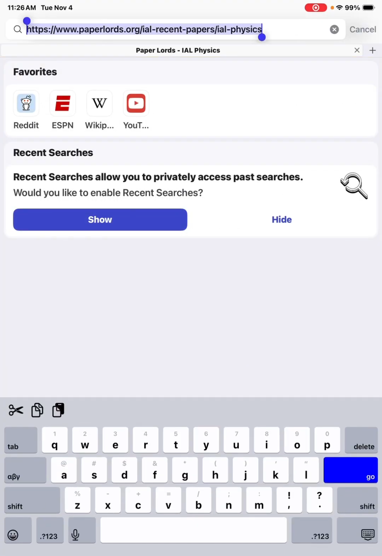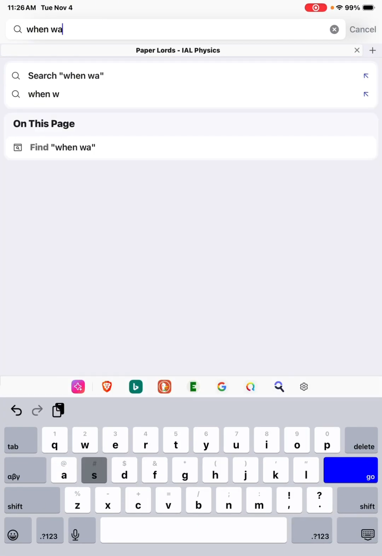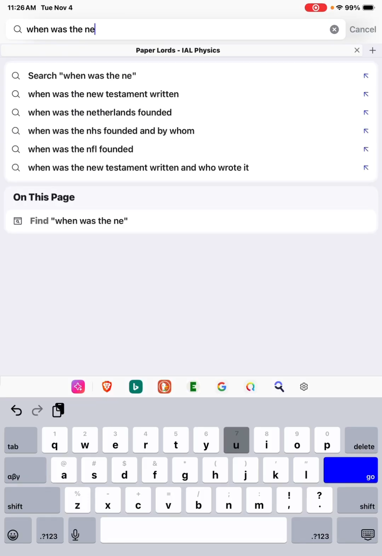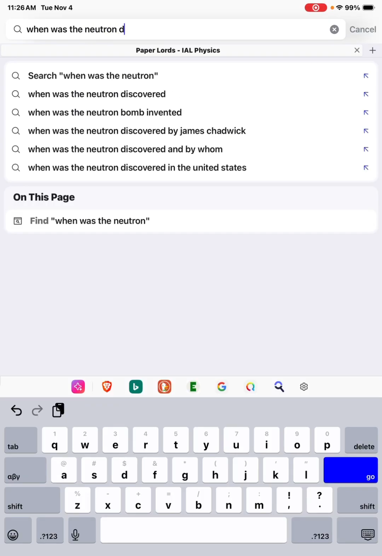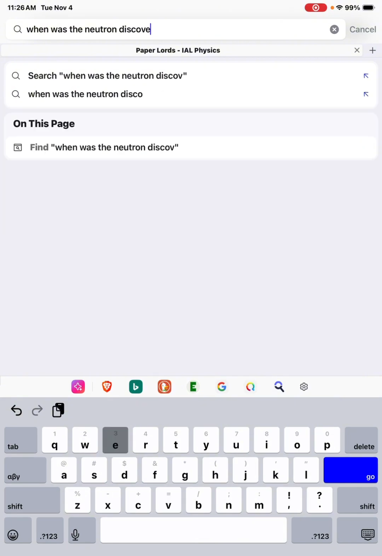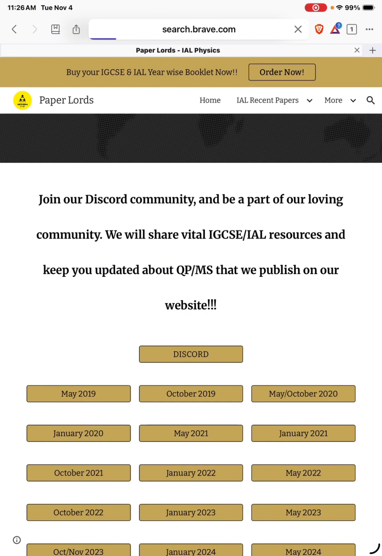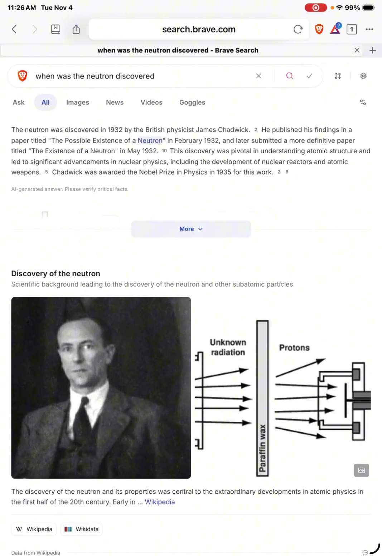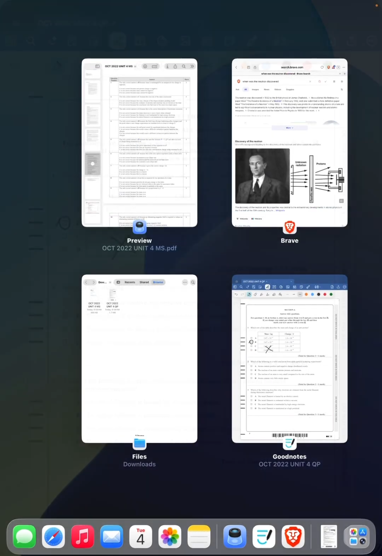Let's see, when was the neutron discovered? Sorry for wasting your time. By Anderson, I think. No, James Chadwick, 1932.